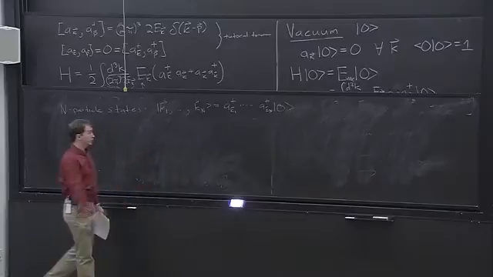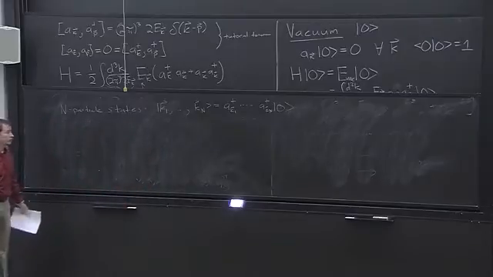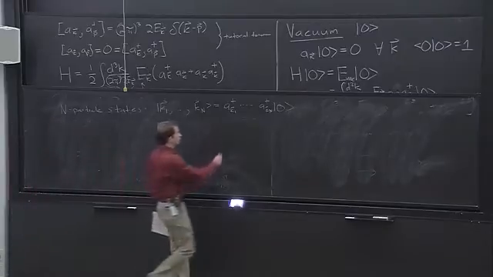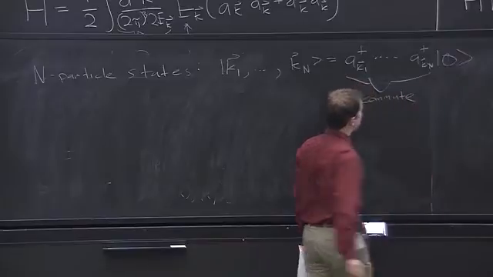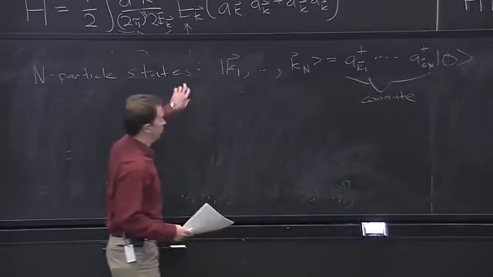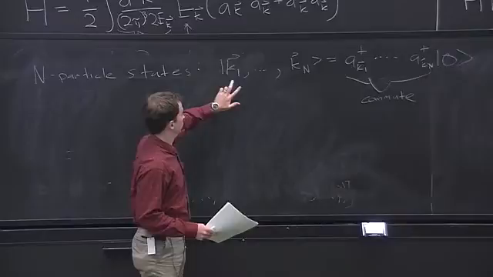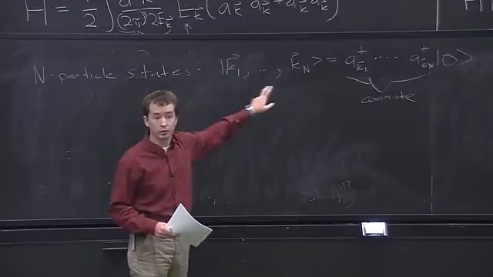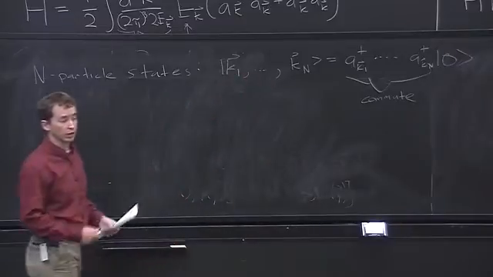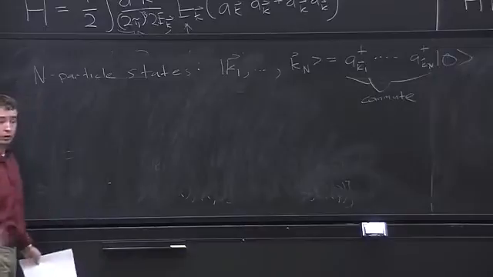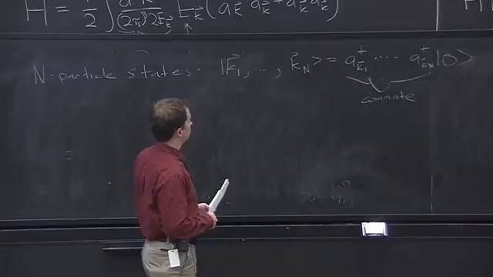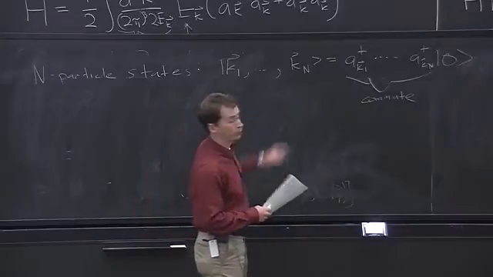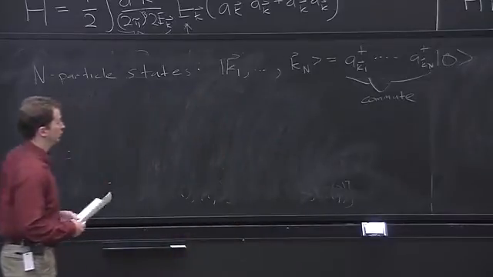One comment about these n particle states is that all of these operators commute, which means I can exchange the labels of any of the particles without changing the state. So these particles are bosons. And you'll look at that property in a bit more detail in a tutorial later in the week.